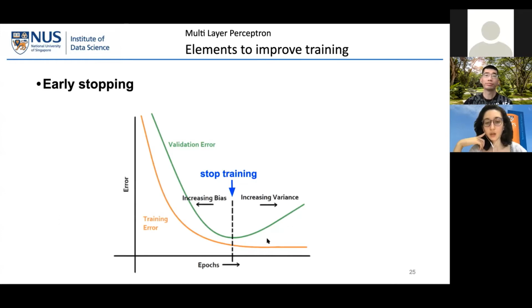So then you can add some early stopping technique to your training in order to stop training, for instance, just when the validation error starts increasing again. Maybe you want to stop there, to pursue training. That's a kind of popular technique.